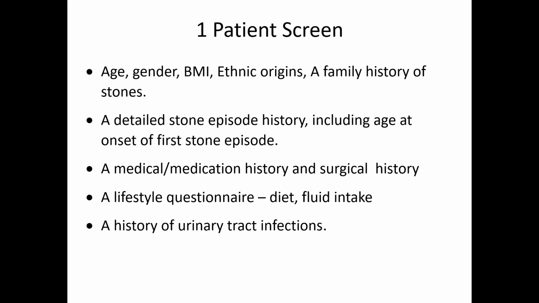Usually we ask age, gender, and then we measure the BMI, and we should ask a detailed stone episode history, the age of first onset and how frequently they get the attack, the past history of medication and the current medical history, any associated illness, and the surgical history, especially gut surgery, and the lifestyle, and the detailed dietary history, and also fluid intake, the amount of fluid, what the components of fluid are, and what they drink, whether they drink carbonated fluid or not.